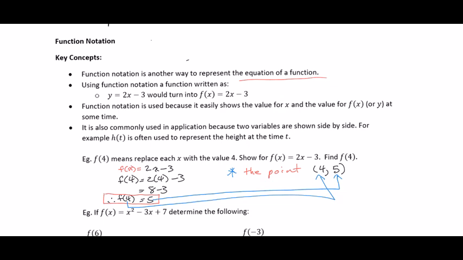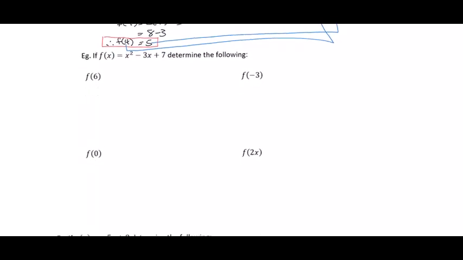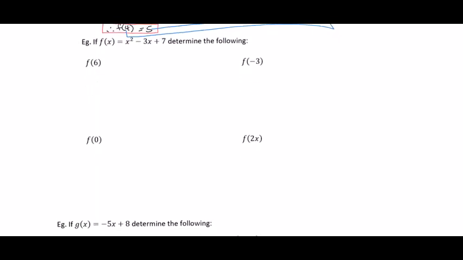Now, let's move on to our next problem. We're going to do another quick point calculation. So now, remember, we have these things called quadratics. This is a quadratic because its highest power is x squared.